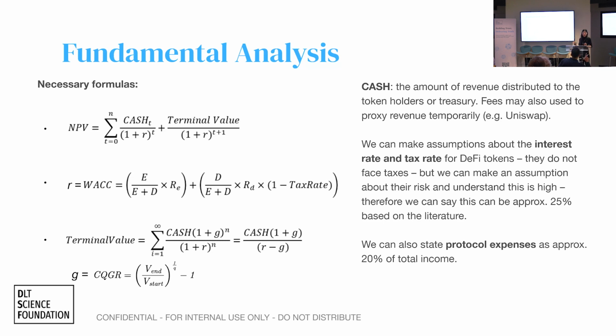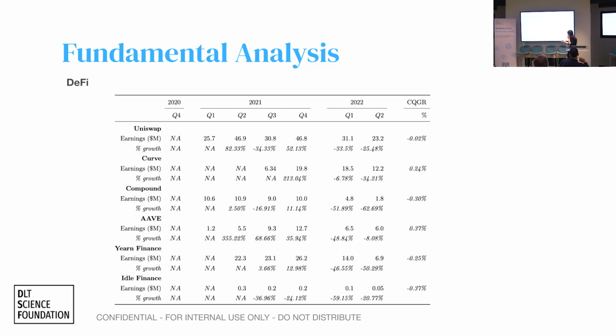So it's very difficult to know what the expenses are. It's just an estimation: we say protocol expenses are probably 20% of the total income. It's not very accurate, just mainly for demonstration purposes.